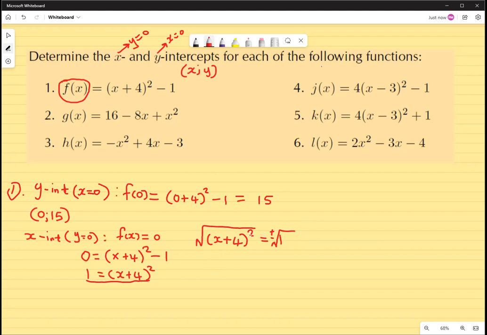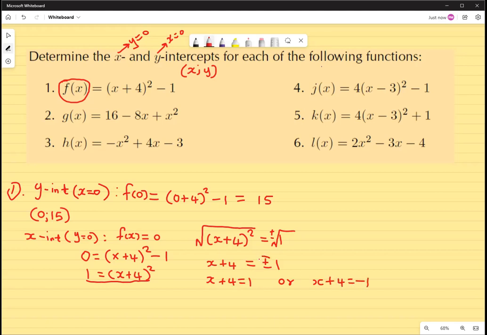Perfect. So here, the square root cancels that square. So I have x plus 4 equals to plus minus 1, right? And then I'm going to have x plus 4 equals to 1, or x plus 4 equals to -1.